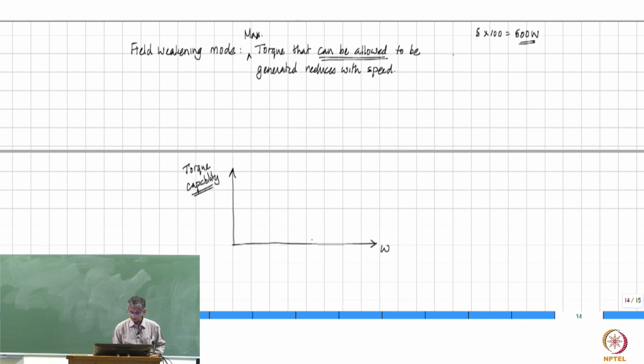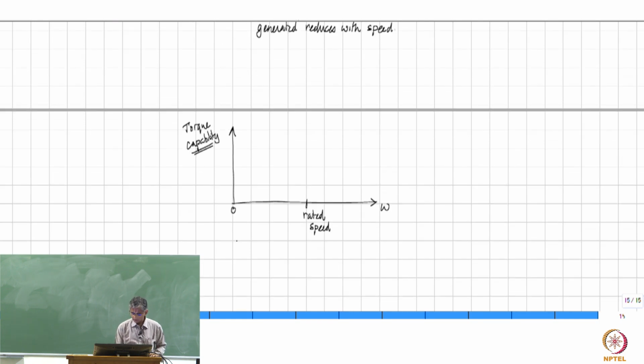So under that condition, if this is the value of rated speed which is determined by induced EMF consideration, then from 0 to rated speed you can operate in this region with the rated magnetic field. Beyond this region, you have to reduce the magnetic field.